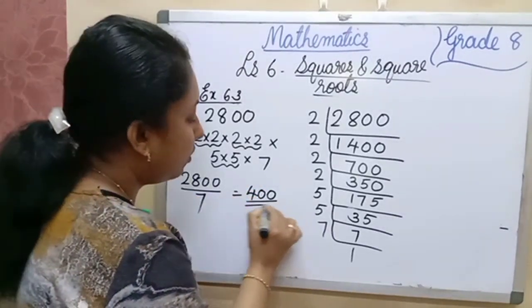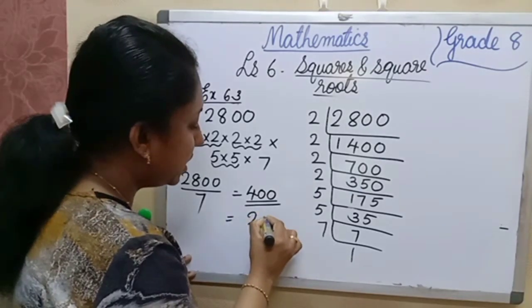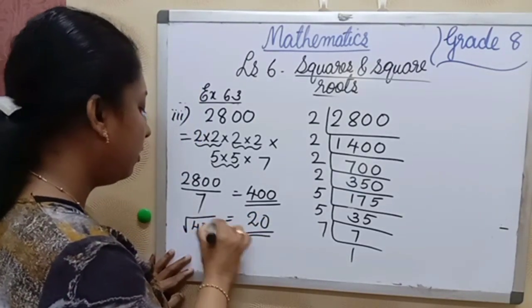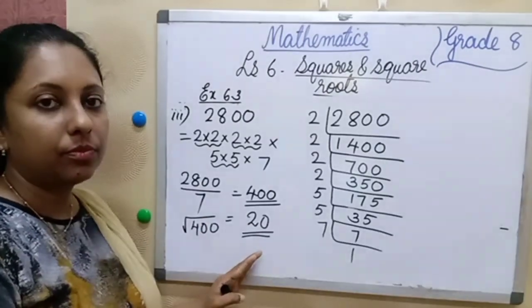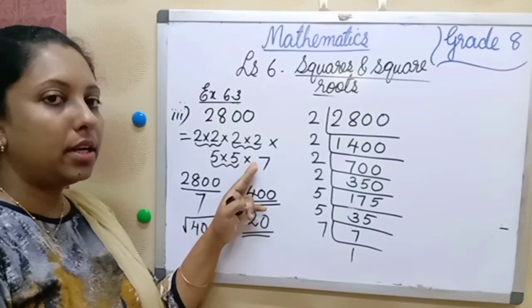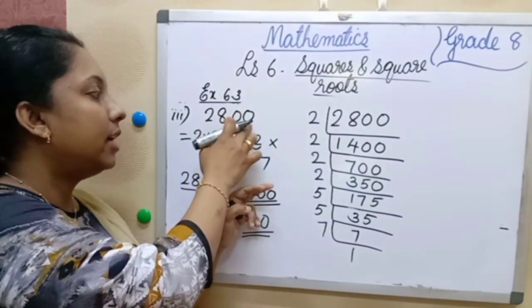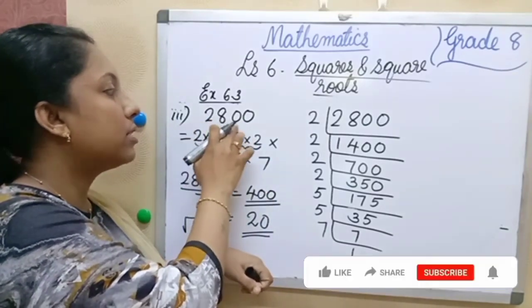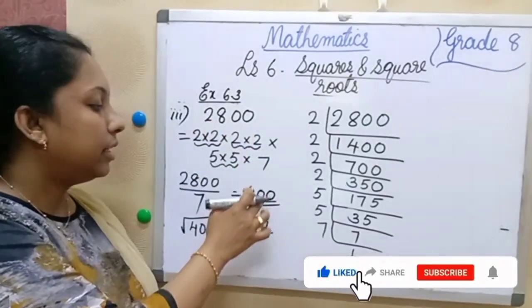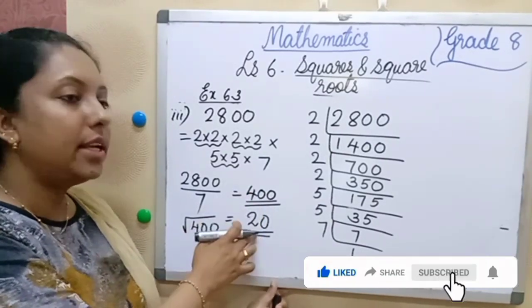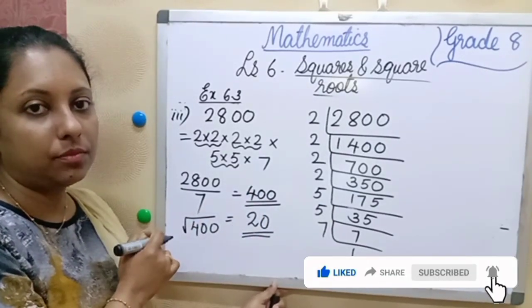What is the square root of 400? 20. 20 into 20 is equal to 400. So the smallest whole number by which we divide 2800 is 7. When we divide 2800 by 7, the new number is 400 and the square root of 400 is 20.